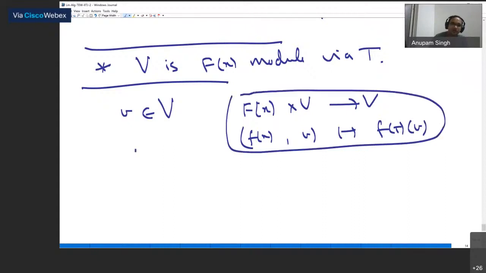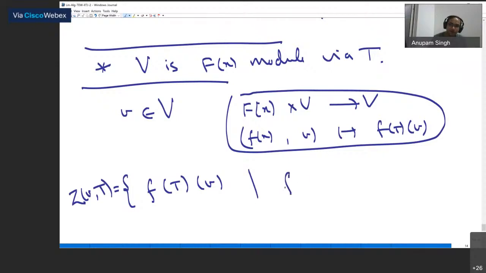Given a vector v in V, I'm going to define a subspace. Let's call this Z(v,T). This is f(T) applied to v for any polynomial f(x) in F[x].